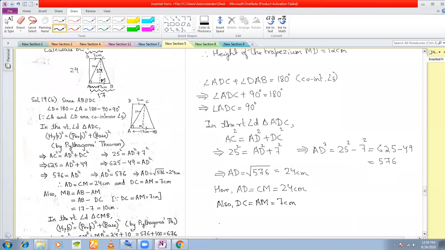So therefore, what is this length MB? MB is equal to 17 minus 7 equal to 10 centimeters, right? So therefore, we have managed to find out this length also. How much is this length? 10 centimeters. So now we'll consider this right angle triangle, this one, this red one.